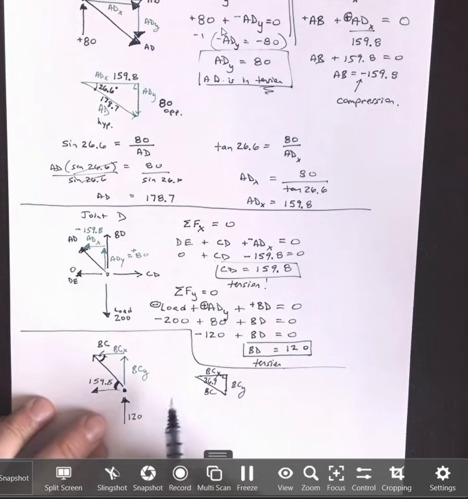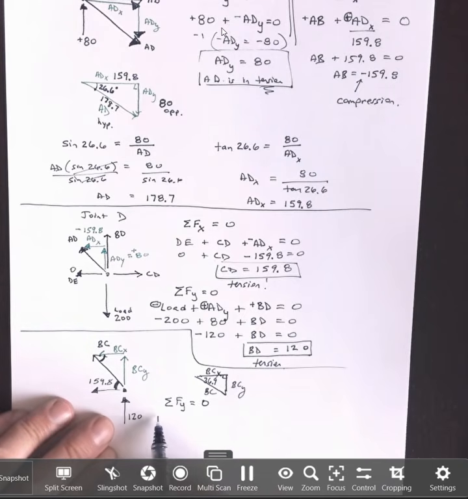I've got this 120 up, right? That's vertical. So what if we say the sum of the forces that is vertical have to add up to equal 0. So that's the 120 for sure going up, plus BCY, assumed to be in tension, which is up and left. Up is positive, so assuming positive, those have to add up to equal 0.